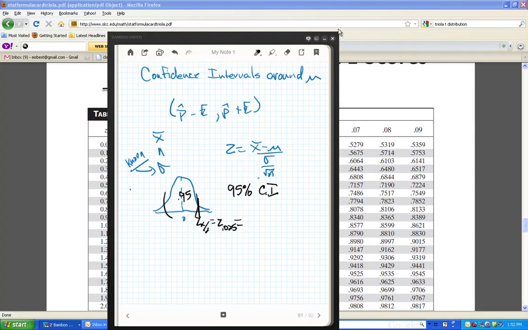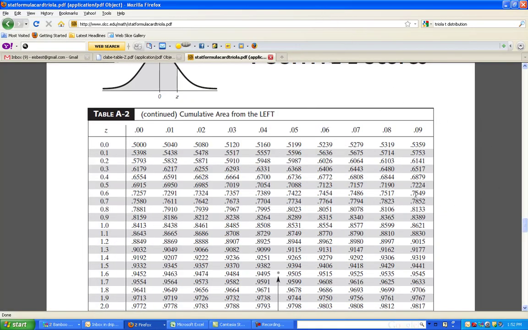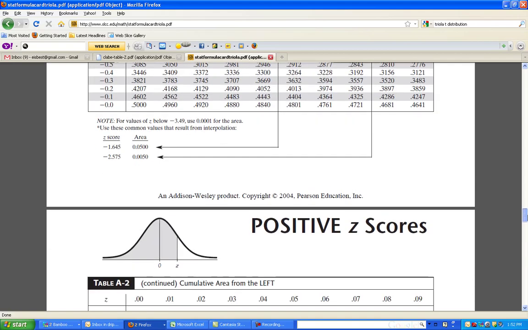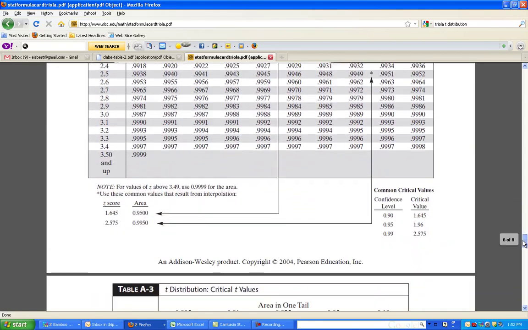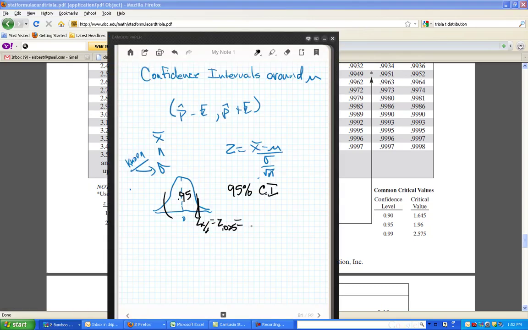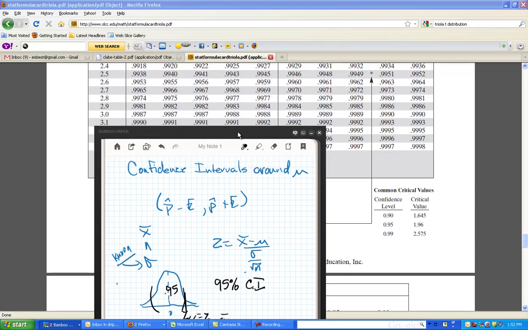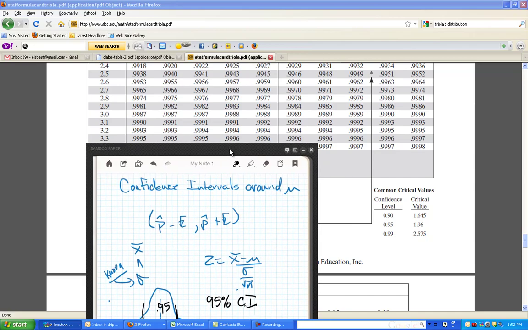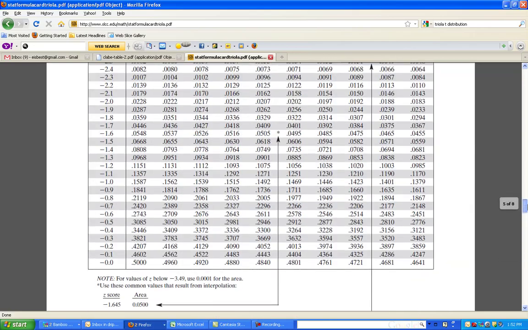I found online Triola, the same chart that you guys have. Look at our confidence levels, 0.95, 0.90, 0.99, and they give us the critical values. Isn't that great? I know that the z for a 95% confidence interval is written out in stone. Remember what we did before with p's?